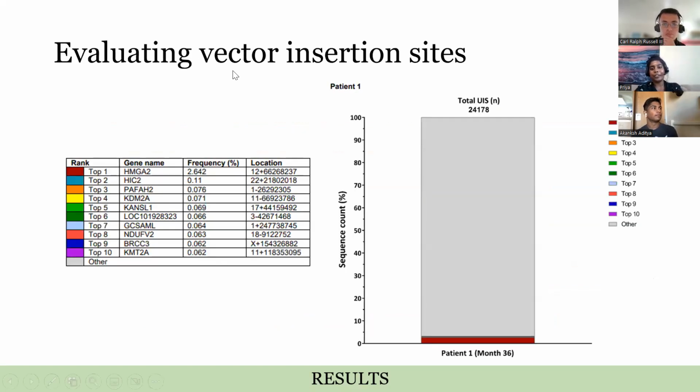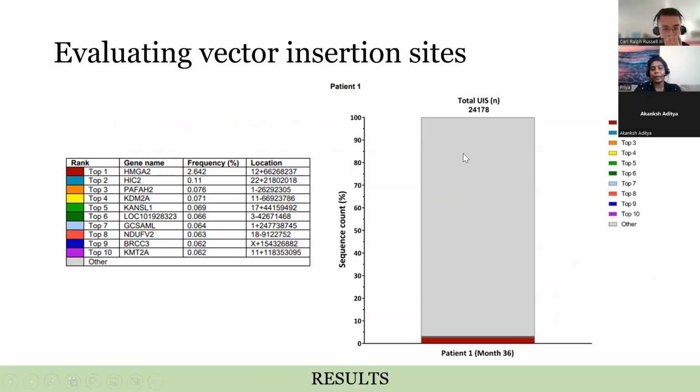Okay, so coming back to the vector insertion point. We're delivering this vector into these stem cells, and they insert randomly. One of the things this research team did is they looked at where this vector inserts. They had a region in the vector which they can use to track where it's inserting.